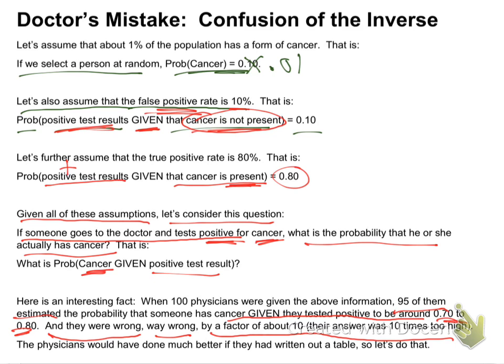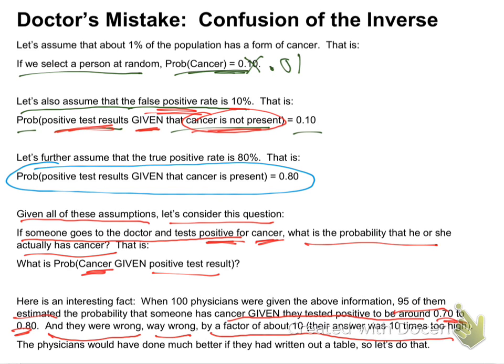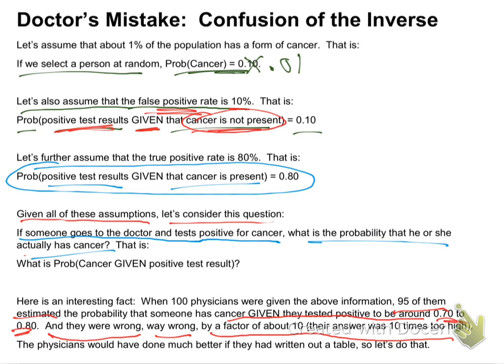Meaning this, you read this right here. The person just said it verbally to me. You read this, and you think, positive test result, given that you've got cancer. Isn't that what they're saying here? If someone goes to the doctor, tests positive for cancer, what's the chance that you really have it?